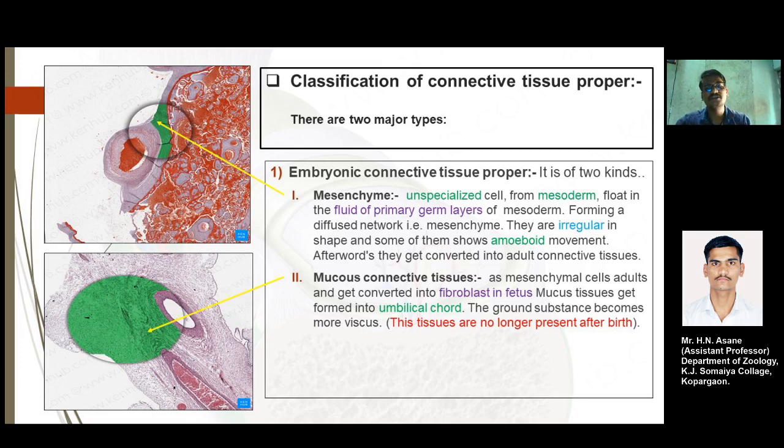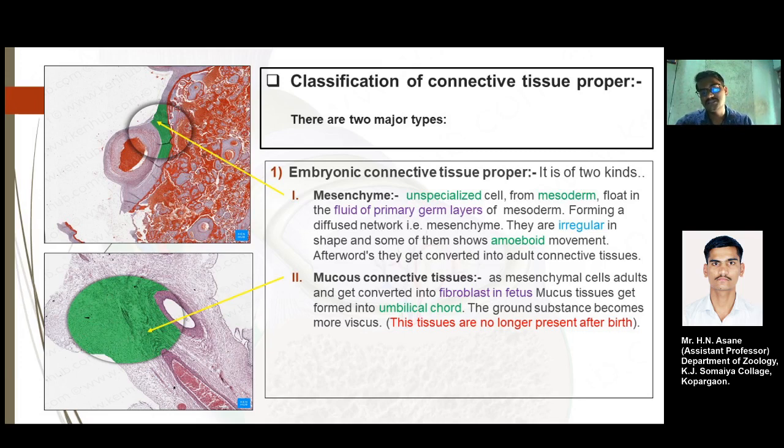Afterwards, they get converted into the adult connective tissues after the birth of the fetus. You can see in the picture the mesenchyme highlighted in green color and pointed by the yellow arrow. These mesenchymal cells, after the birth, are converted into the adult connective tissues.